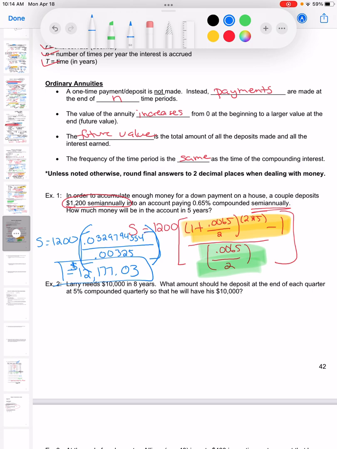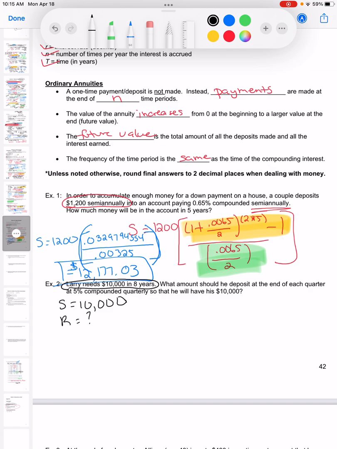All right, let's look at this second example. We saw this kind of format in 5.2. We're going to do a little bit of algebra. Instead of telling you how much you're depositing, I tell you how much you need. Larry needs this much. So this is that time travel again. I'm going to set my equation equal to 10,000.